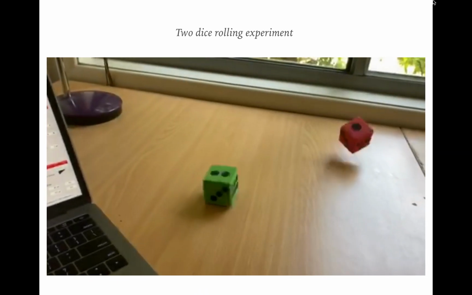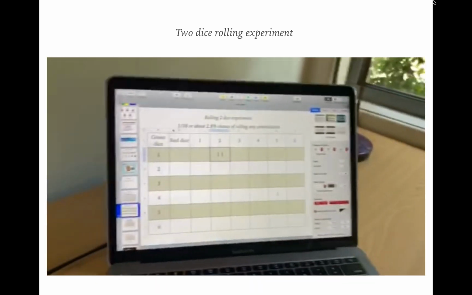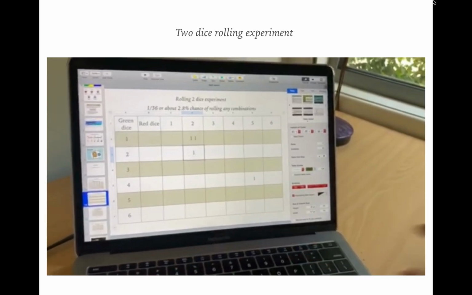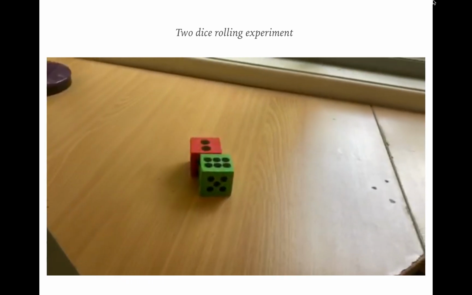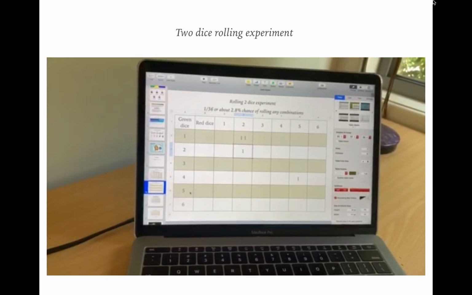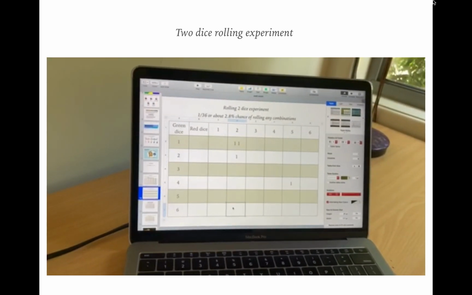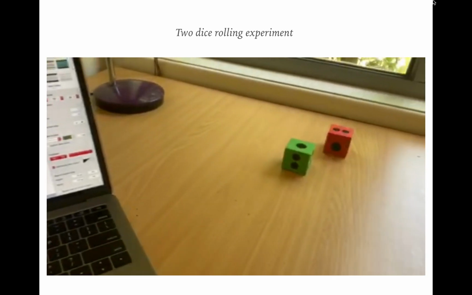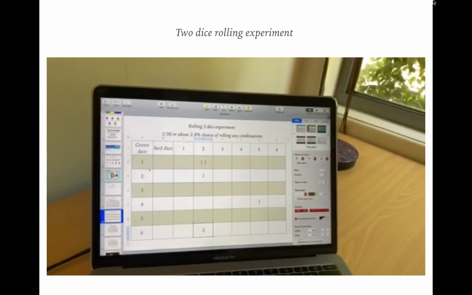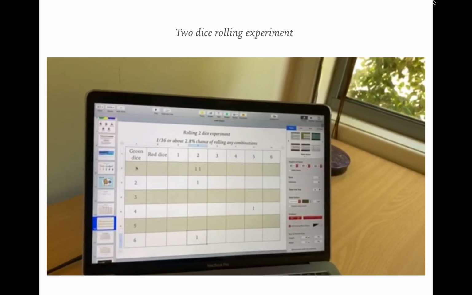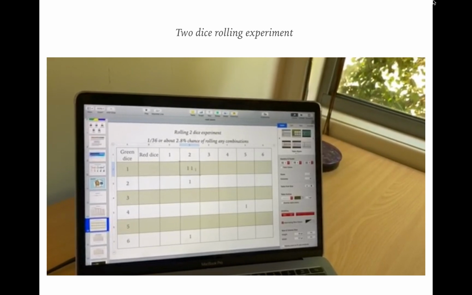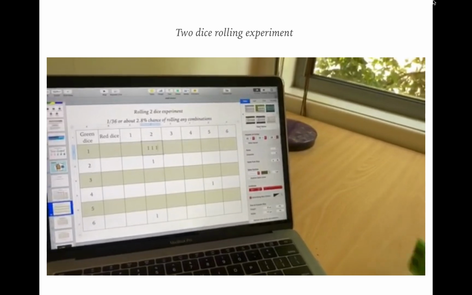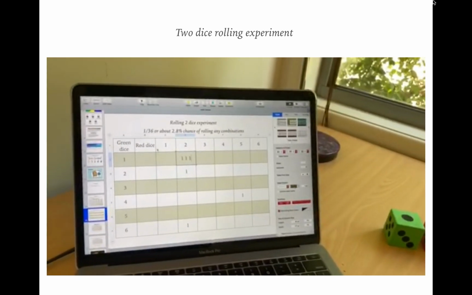Next, 2 and 2. Alright, 2 and 2. Here we go. Next one. We have 6 and 2. So we go down 6 and 2. Now next one. 1 and 2. So 1 for green and 2. Wow.